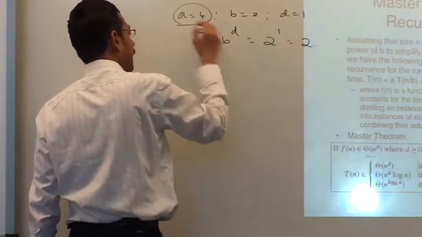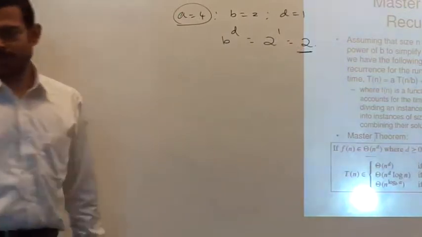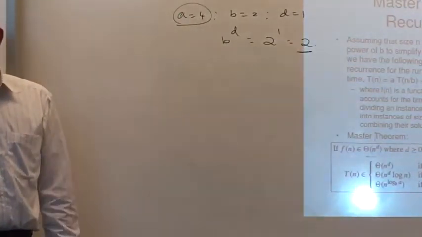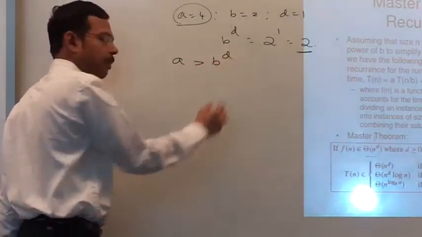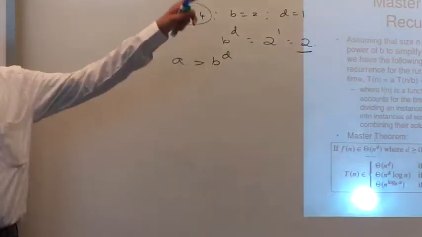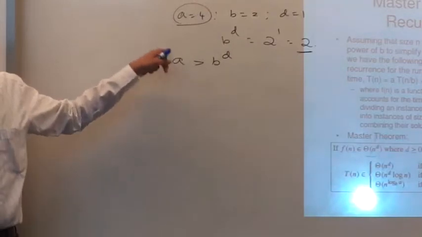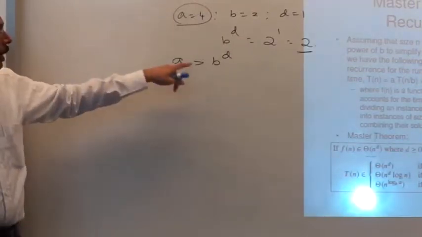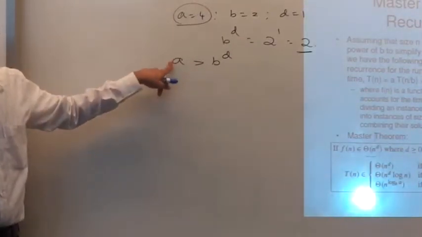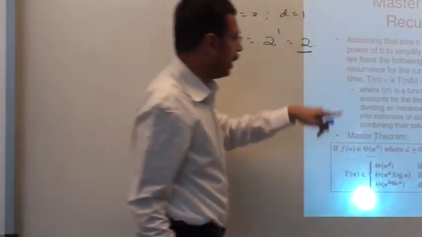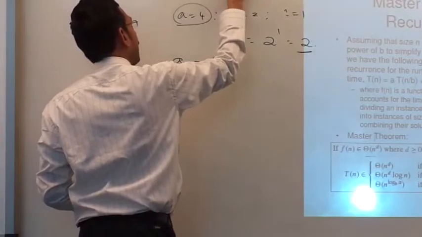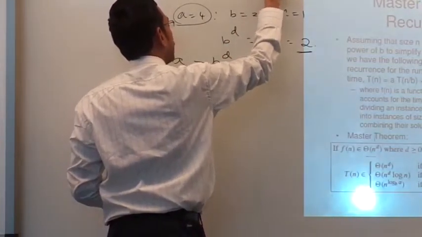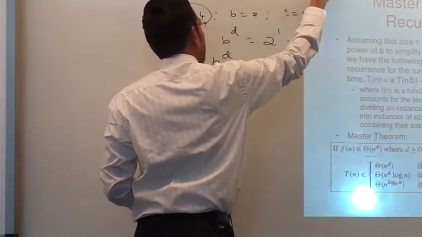So compare your a and b raised to d. Which is greater? a is greater than b raised to d, because a is 4 and b raised to d is 2. So which formula should apply? The a term is dominating. Recurrence in general is a times T of n over b plus theta n raised to d.